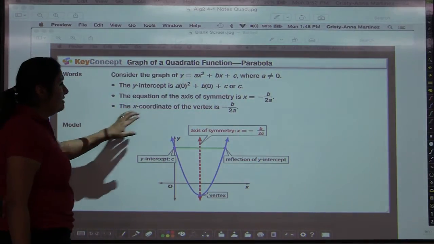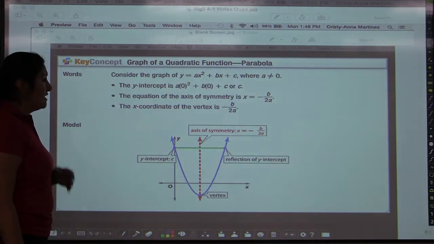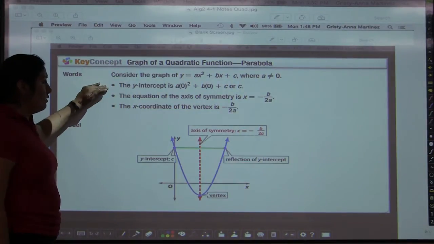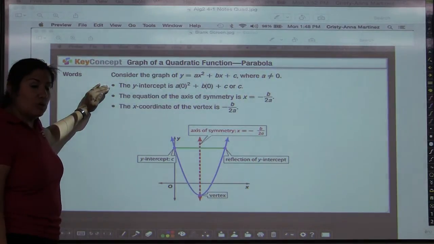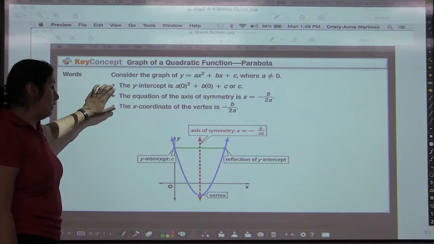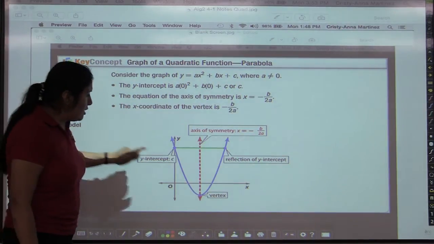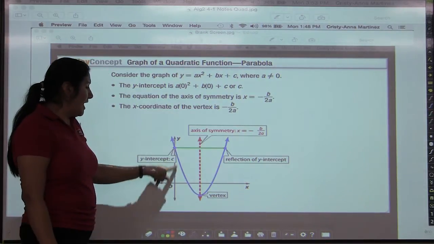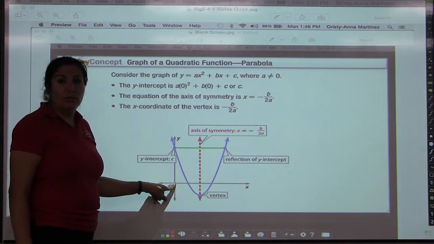So when you have, again, the general function ax squared plus bx plus c, we can say a few things about this function. One is how to find the y-intercept. Whether it be with quadratics or linear functions or any kind of function, when you want to find the y-intercept, you want to find the place where it crosses the y-axis. The x-coordinate of any point that is on the y-axis will always be 0.